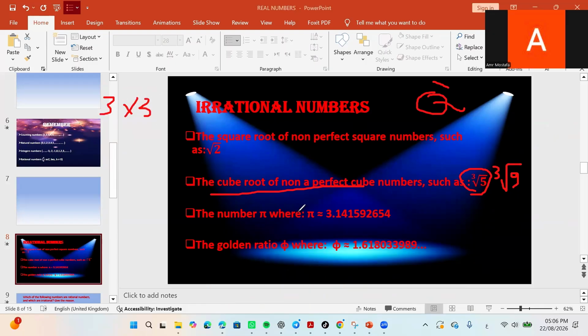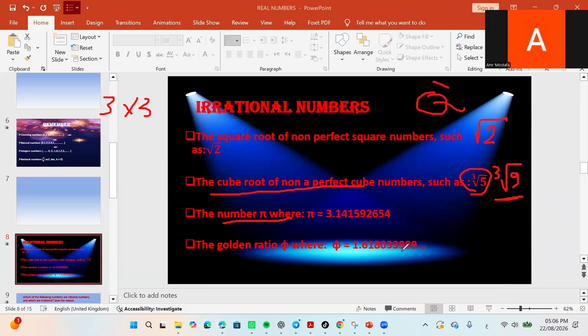But for the cube root of a number, we need the product of three similar numbers. So 9 must be a product of three similar numbers to have a cube root.